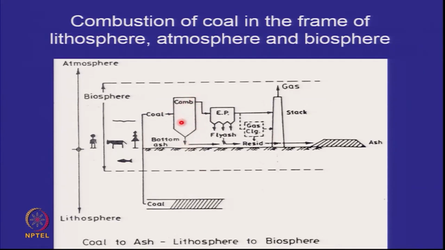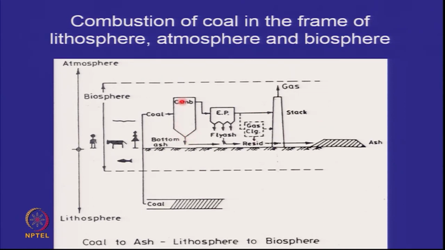Once it is burned in a furnace or a boiler to make steam and then generate electricity, the residual of coal combustion falls down in the boiler or in the furnace, and what comes here is called bottom ash.